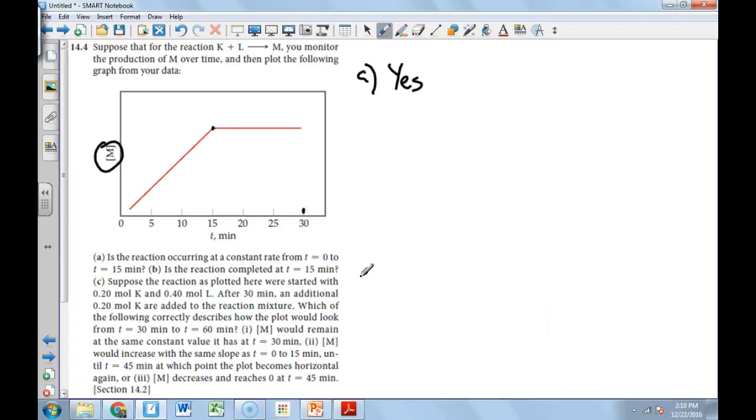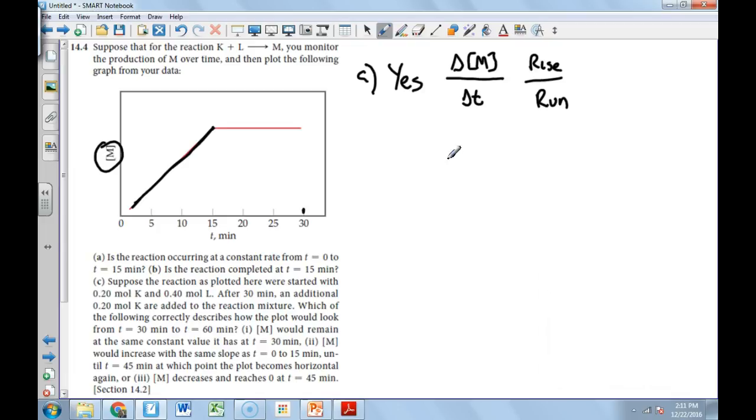The reason why is, keep in mind that the rate is the change in concentration. In this case, it's the change in concentration of M over the change in time, which, if we look at this and remember our algebra, rise over run, the slope of this is a line, and so it is always constant.